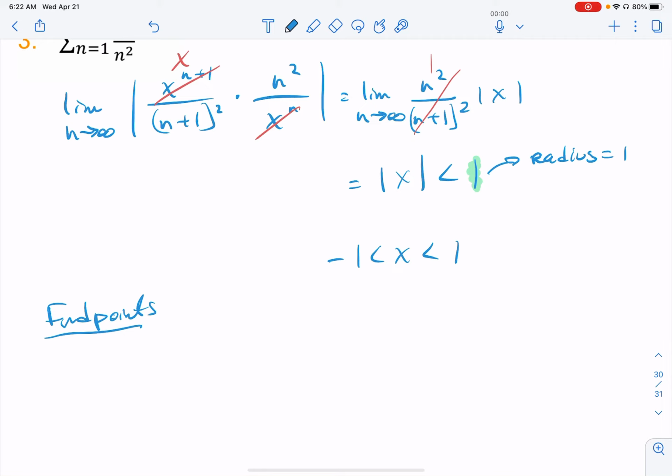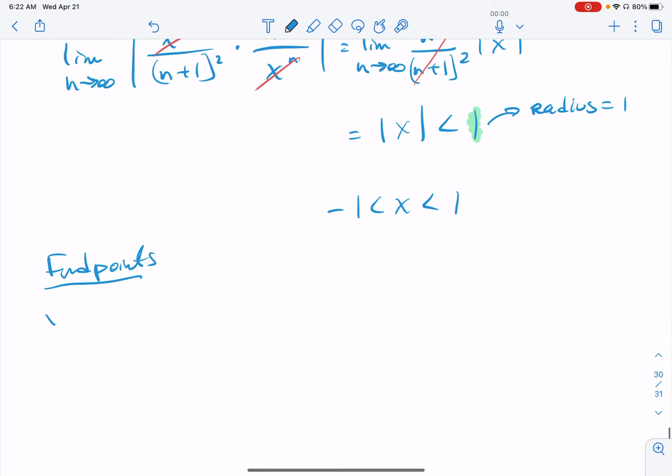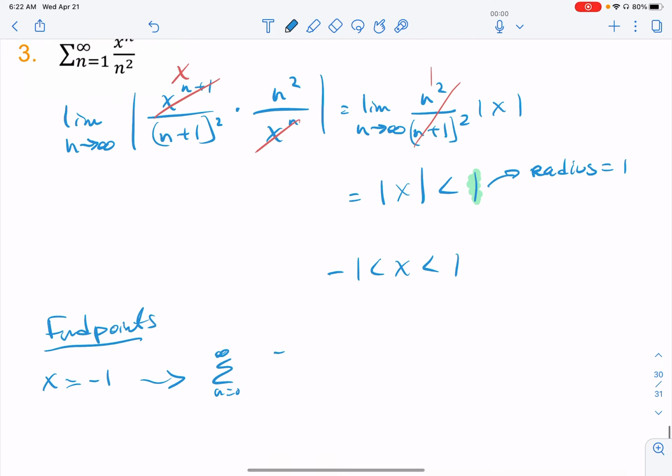If you cannot read that, it says endpoints, not end points. Just take my word for it. Let's check -1 first. We have the sum n equals 0 to infinity of -1 to the nth power over n squared.